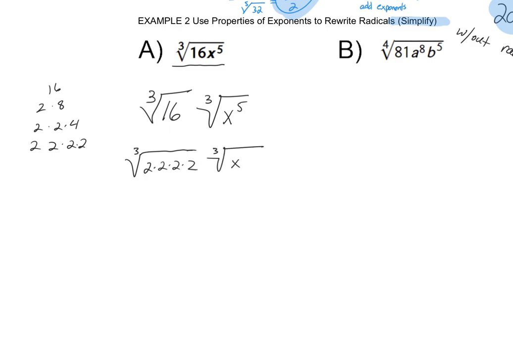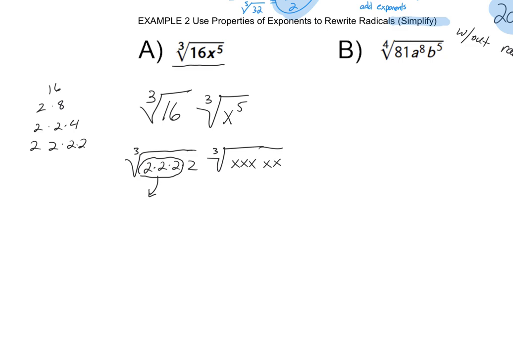X to the 5th, the cube root of x to the 5th, I'm going to write out that x to the 5th, 5 x's multiplied together. Now, we learned in yesterday's lesson that when we take the cube root, for every group of 3 2's, we can pull one out.